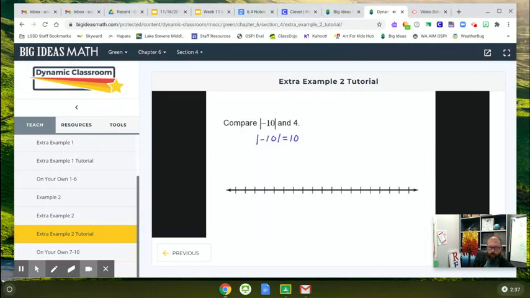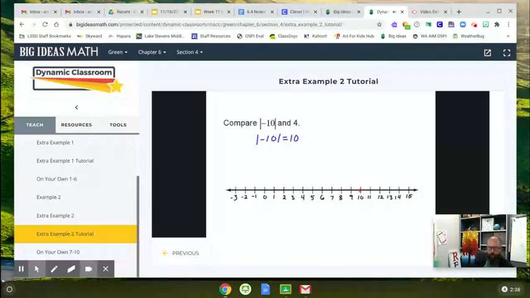Knowing this information helps us to label our number line. Because the absolute value of -10 and 4 are both positive, we only need to label positive numbers on the number line. Go ahead and label the number line. Now we need to graph these two numbers and compare. First, let's graph the absolute value of -10. We said that the absolute value of -10 is 10.